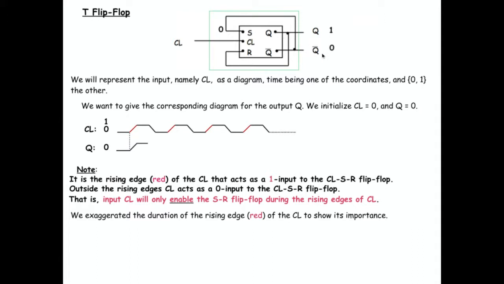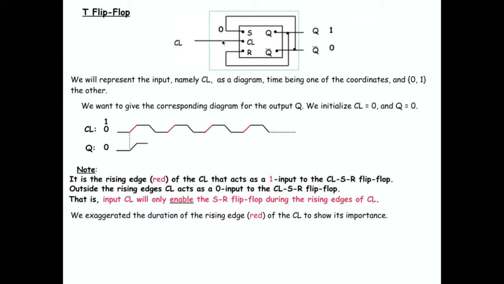Or Q, sorry, we started with okay. So let's follow. Q was 0, right? So that's how it started. Q prime was 1.